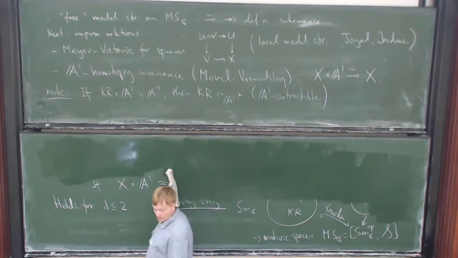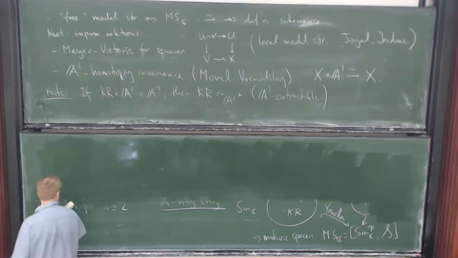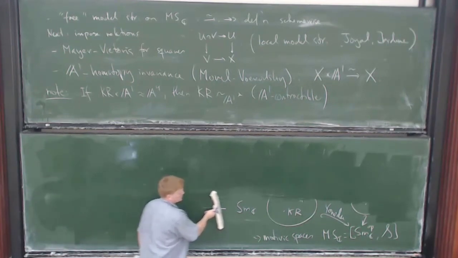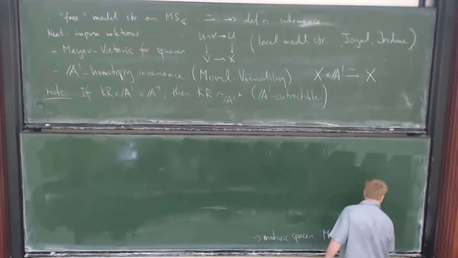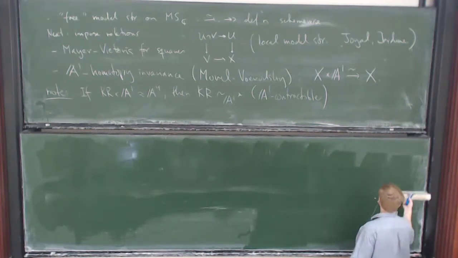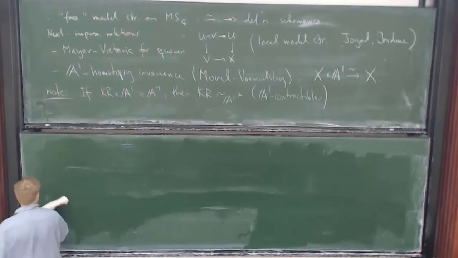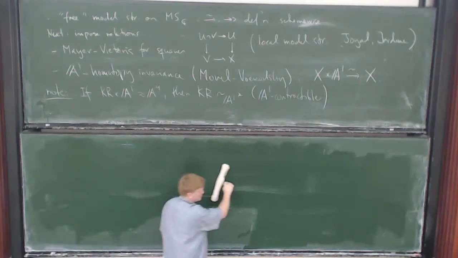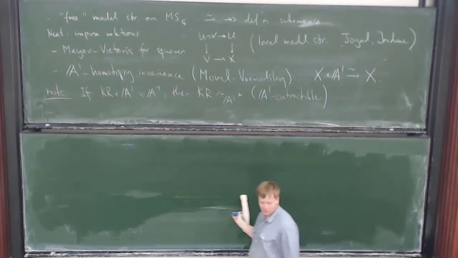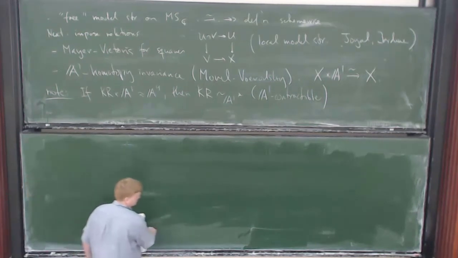I want to explain why that fails. In some sense it would have been more spectacular if it turned out that Kr is not A1 contractible, but that's not true.